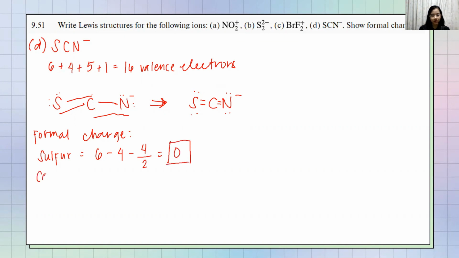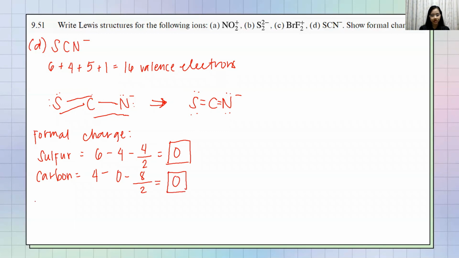Next is carbon. Carbon has 4 total valence electrons minus 0 since it has no non-bonding electrons. Then 2, 4, 6, 8. 8 bonding electrons over 2. So that is 0 as well.